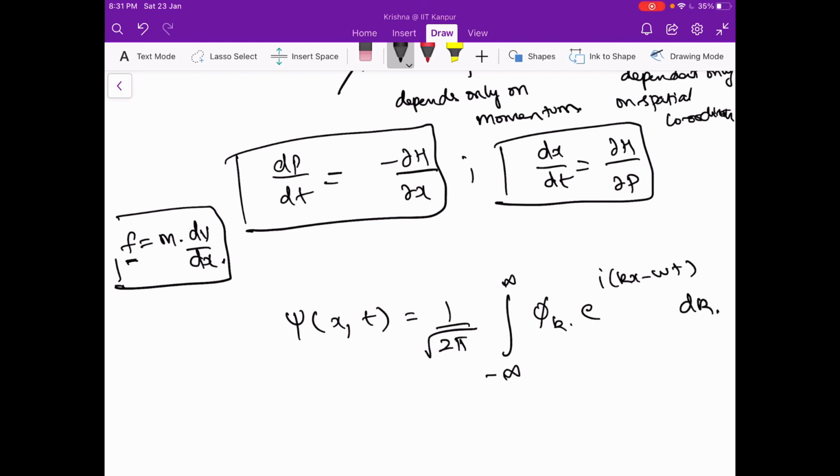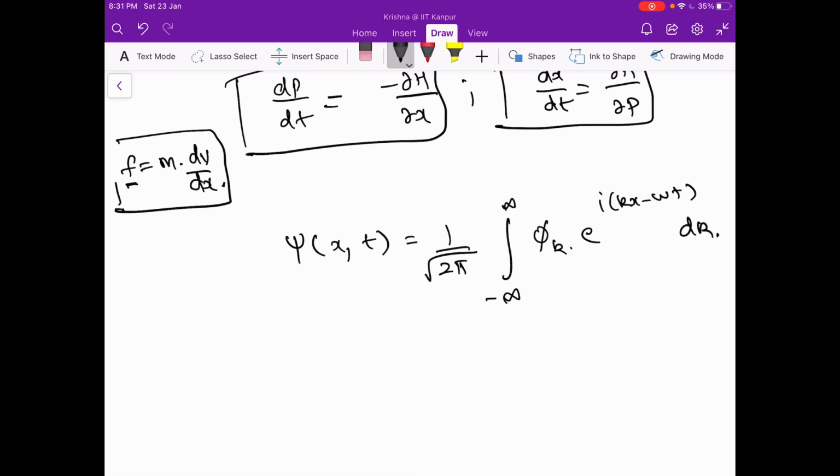We can come to this in two ways, the reasoning for why we write a wave function in this fashion. One is, this is a clear Fourier expansion example, right?